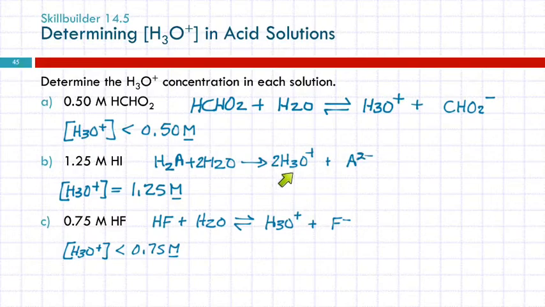So the hydronium concentration would be twice that of the starting. If you started with one molecule of H2A, you'd get two hydronium ions, because there's two hydrogens on this. And if you had 1 mole, you'd get 2 moles. And if you had 1.25 moles, you'd get 2.5 moles, because there's 2 of these for one of those. Turns out there aren't any strong acids like that. So we'll only have to do the ones with one hydrogen? Yeah, you only do the ones. Okay.